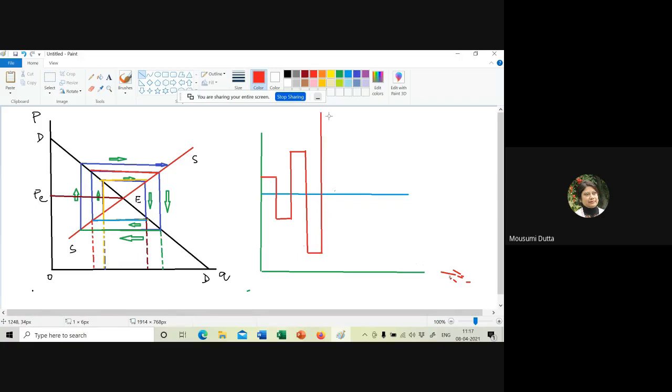It is like this, moving up and down and fluctuating.